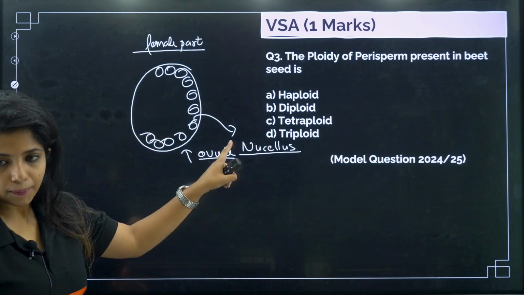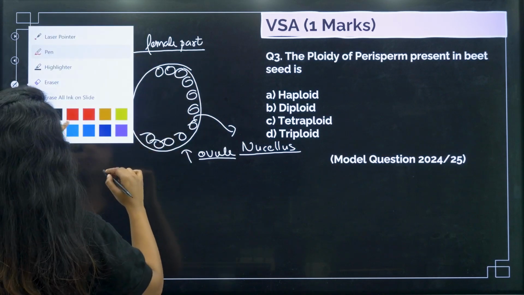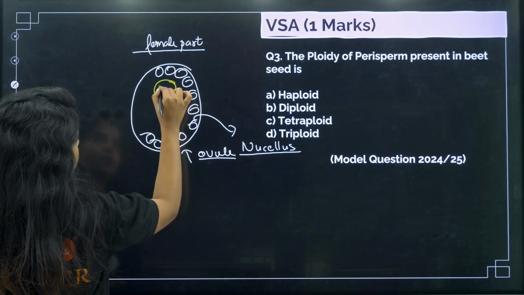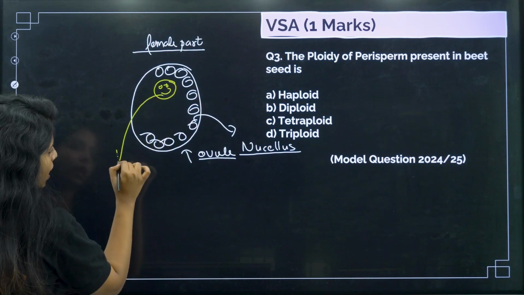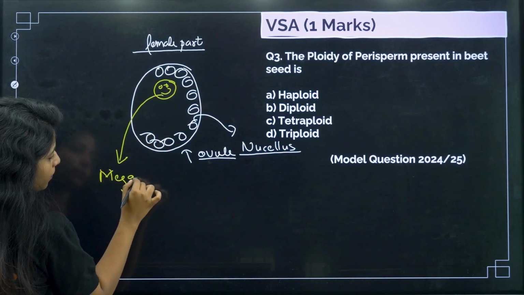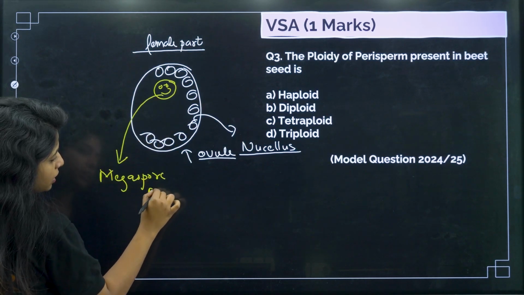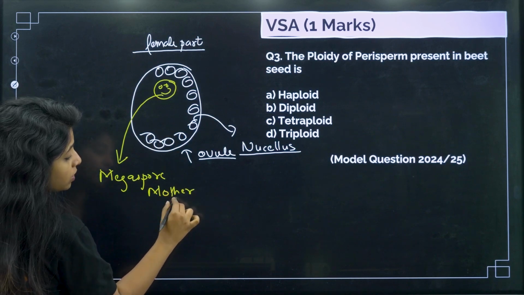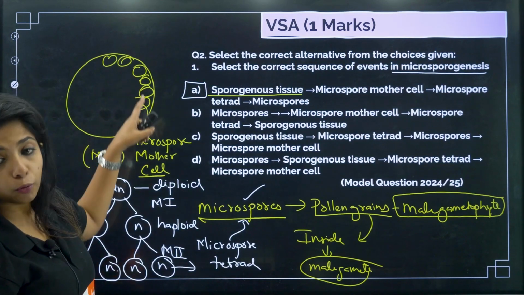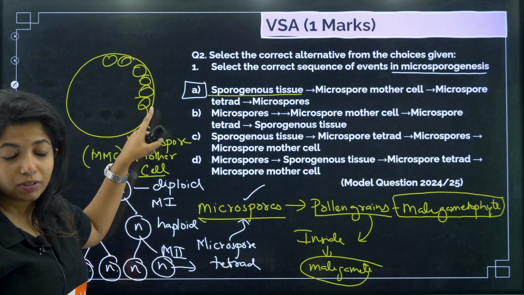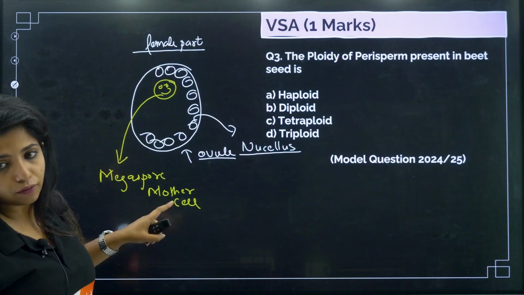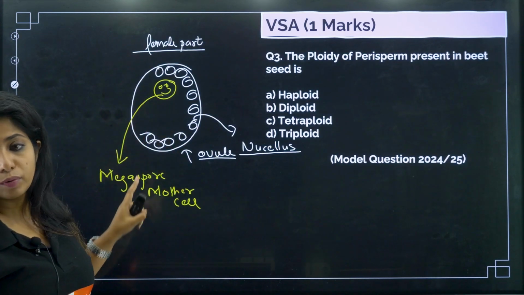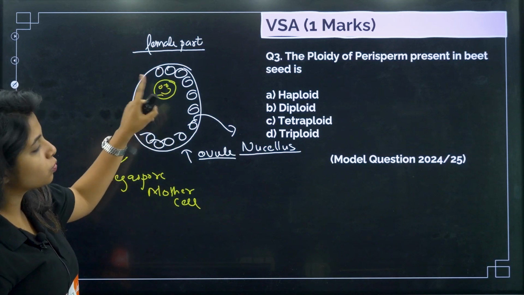And one of the nucellus cells, for example this one, will later be known as the megaspore mother cell, just like how we had the microspore mother cell. There we had sporogenous tissue, and all the cells of the sporogenous tissue were able to form microspore mother cells. But here things are quite different. Not all the cells of the nucellus will form a megaspore mother cell, it will be just one cell.